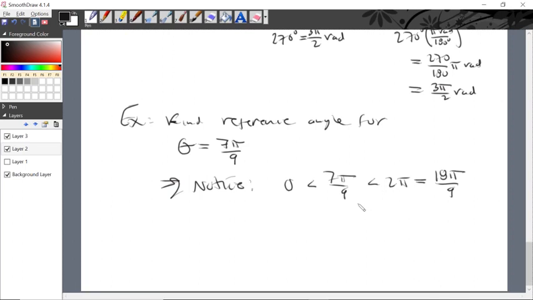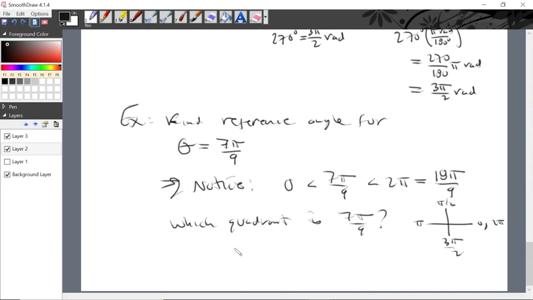Okay. Now, which quadrant is this in? Which quadrant contains 7 pi over 9? Right? We have 0 here, we have pi over 2 here, we have pi, and we have 3 pi over 2, and then we're going to get 2 pi when we get back to here again. Right? Notice, how does 7 pi over 9 compare to, let's say, pi over 2?